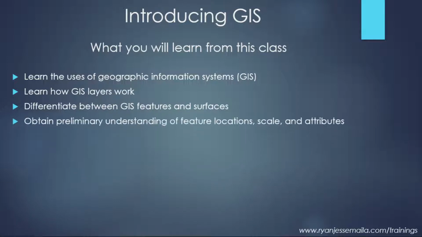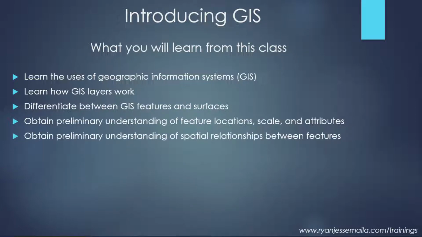You also obtain a preliminary understanding of feature locations, scale, and attributes. You also obtain a preliminary understanding of spatial relationships between features. So this is the guideline of what you expect to understand and learn in this course.